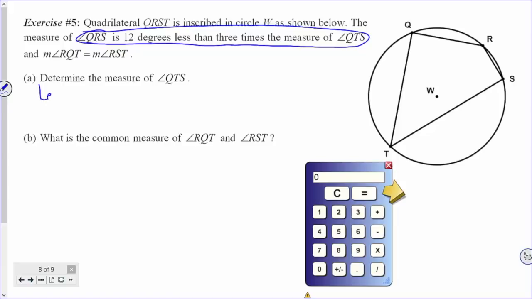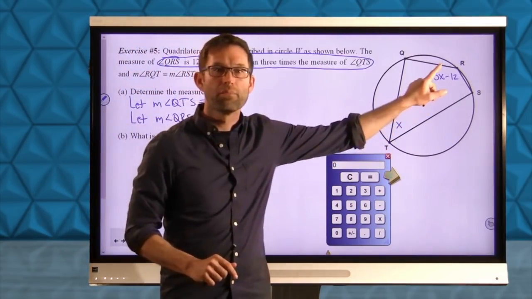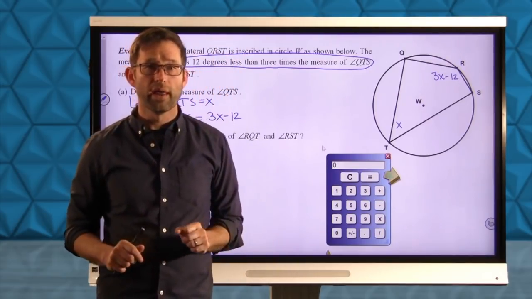So if I let the measure of angle QTS be x, then I will have to let the measure of angle QRS be 3x minus 12. But the key here now, this is 3x minus 12 and this is x, is that because this is a cyclic quadrilateral, that angle plus that angle has to be 180.